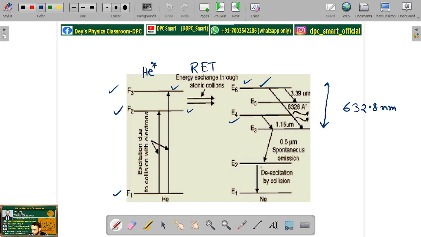After that, from E3 to E2 spontaneous emission occurs. So photons will be created by the process of spontaneous emission from E3 to E2, and then the atoms are de-excited to E2. Then after that, by a non-radiative process, the atoms reach the ground level E1. The transition from E3 to E2 is a spontaneous emission process.